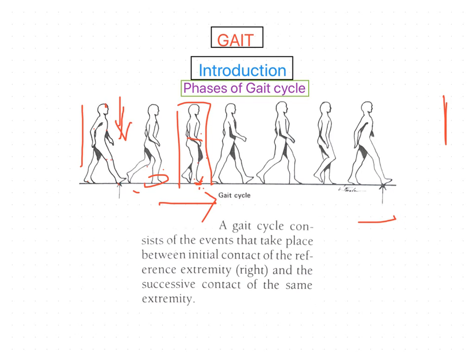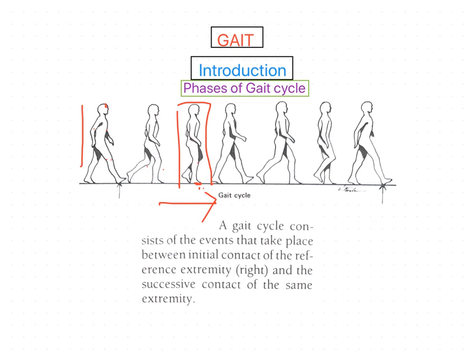Now we are going to discuss the phases of the gait cycle. Here we are going to take one lower extremity as the reference one. In this picture we are going to take the right lower extremity as the reference extremity.